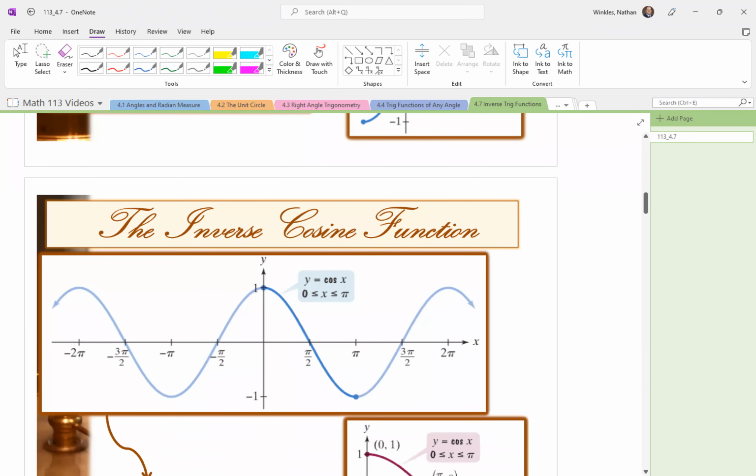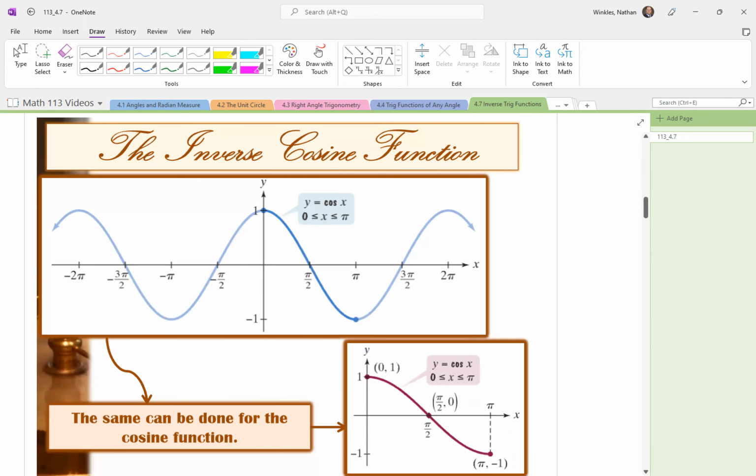Likewise, we can do the same thing for cosine, but going from negative pi over 2 to pi over 2 is not going to do us any good because our y values would repeat, and we know for inverses, your x and y cannot repeat. So we want to restrict this from 0 to pi to give us a smaller piece to work with.